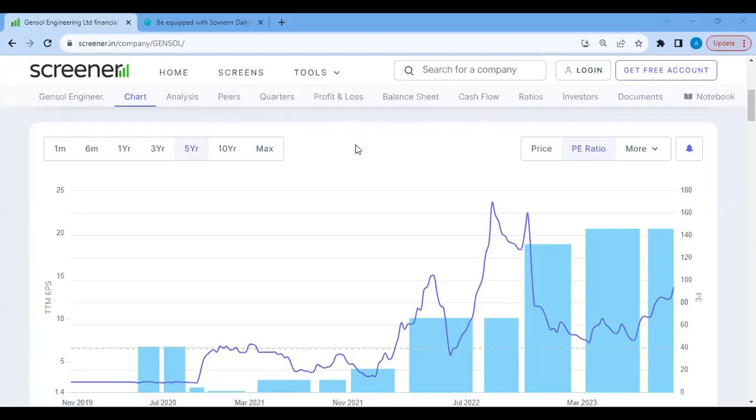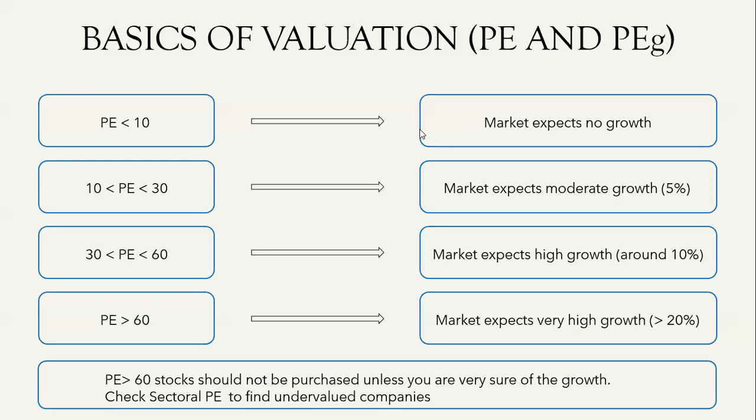So let me go back. The summary is that low PE, high growth is a multi-bagger. High PE, high growth is risky. What is high PE, low growth?